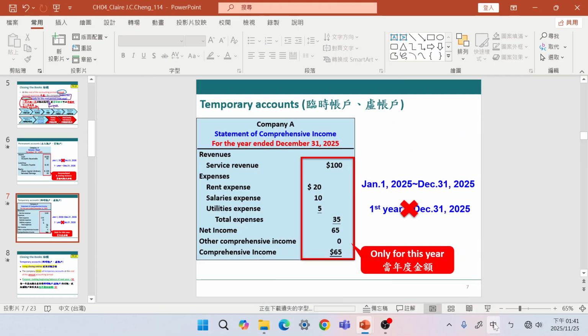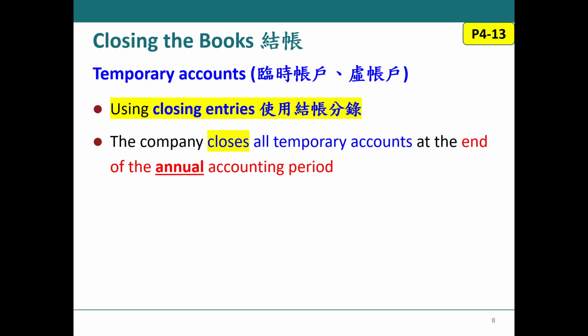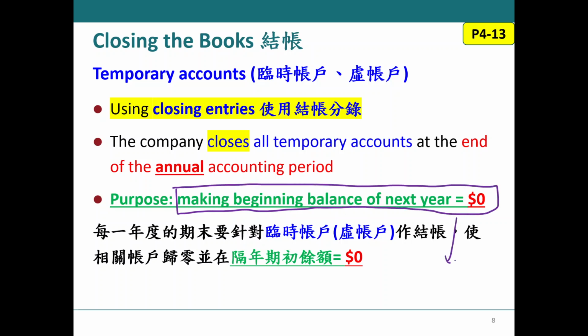So let's go back to the slide right here. So we close the book for what? To make the beginning balance of this year become 0, right? Okay. So we want to make the beginning balance of next year become 0 in order to include the data only for 1 year.